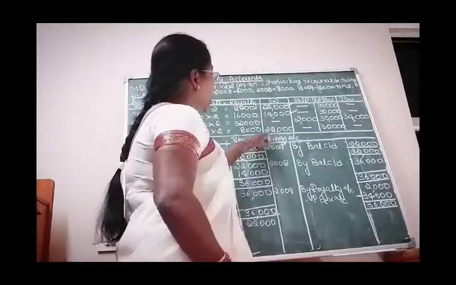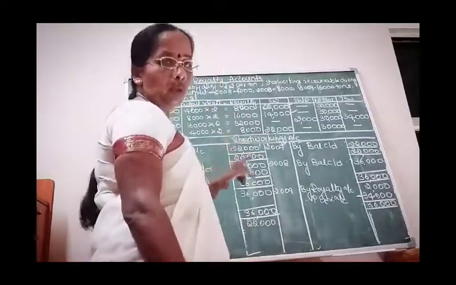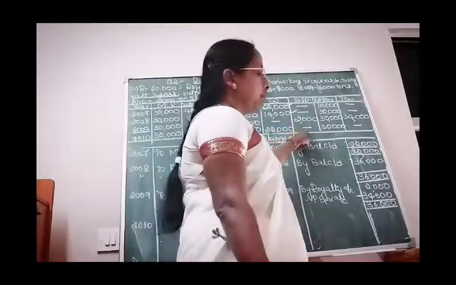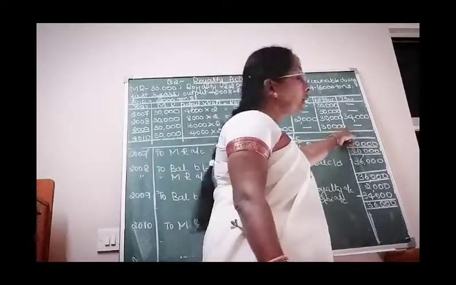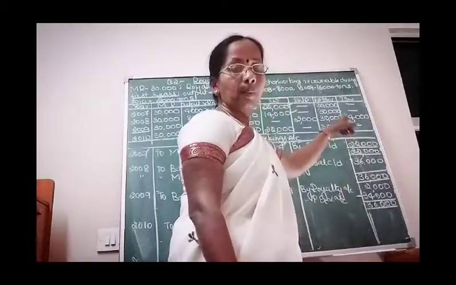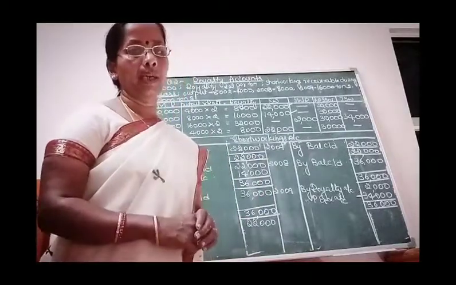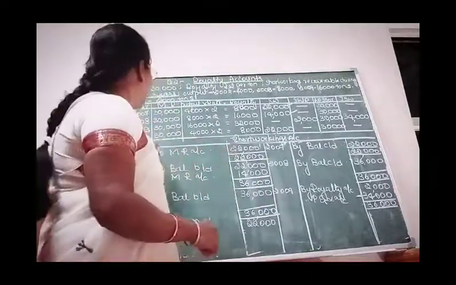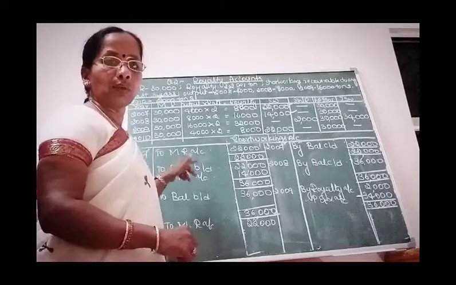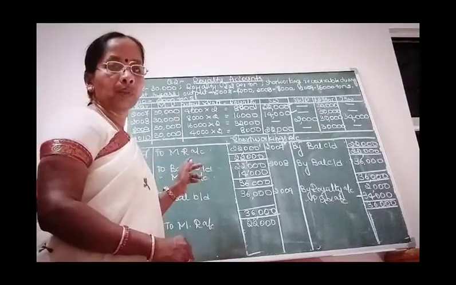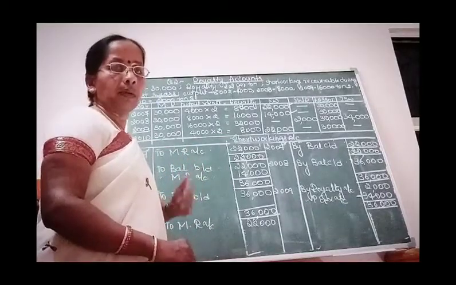But this 22,000, as I told you, there is no recovery. Similarly, there is no irrecovery also, because this has a provision of 3 years, first 3 years. And we have only 1 year information, other two years' information is not available. So we cannot decide whether it's recovery or irrecovery.